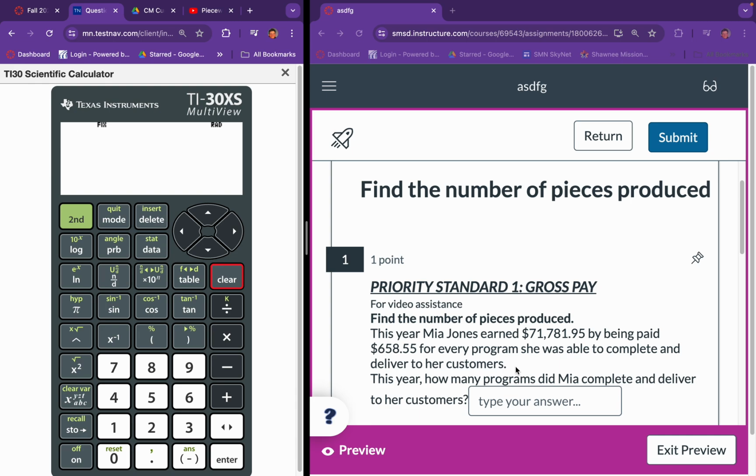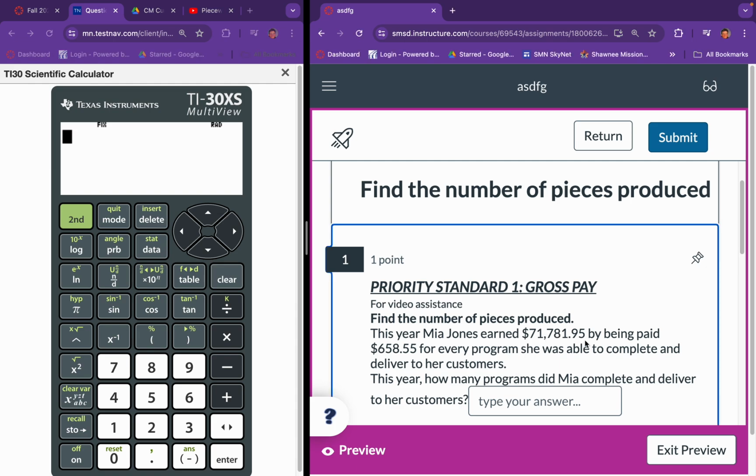So Maya's job is to write, complete, and deliver programs to customers. And whenever Maya completes and delivers a program, she earns $658.55. Well, she created so many programs this year that her total pay this year was $71,000.